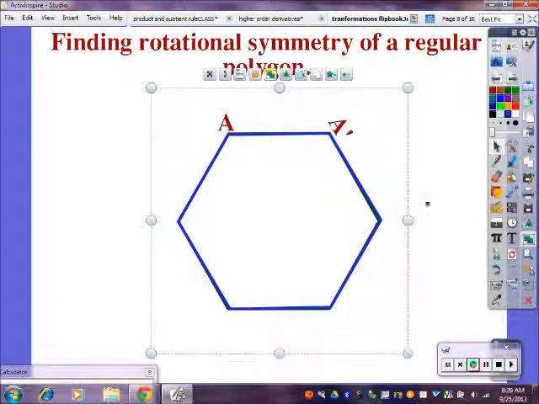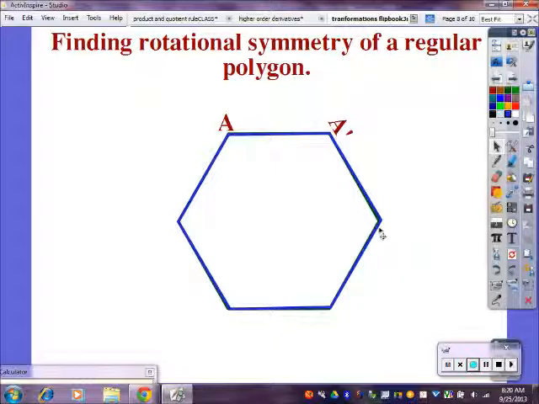So I have rotated it, and that pre-image just about disappears behind that image. So that means that since the two are indistinguishable, this regular hexagon has rotational symmetry.